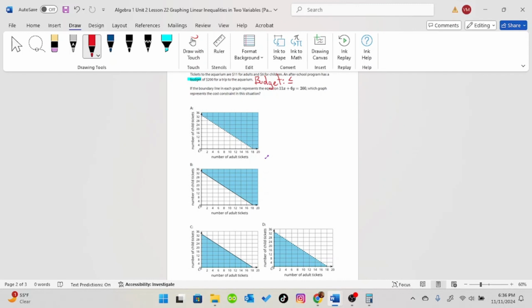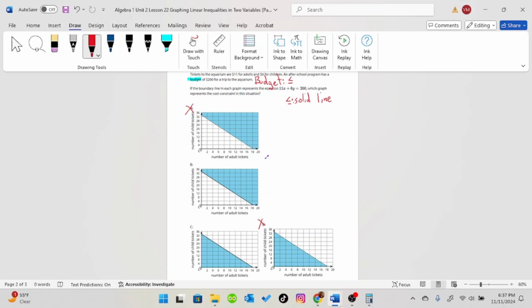So because we see less than or equal to, less than or equal to means solid line. So that means A is wrong because it has a dashed line, and D is wrong because it has a dashed line.